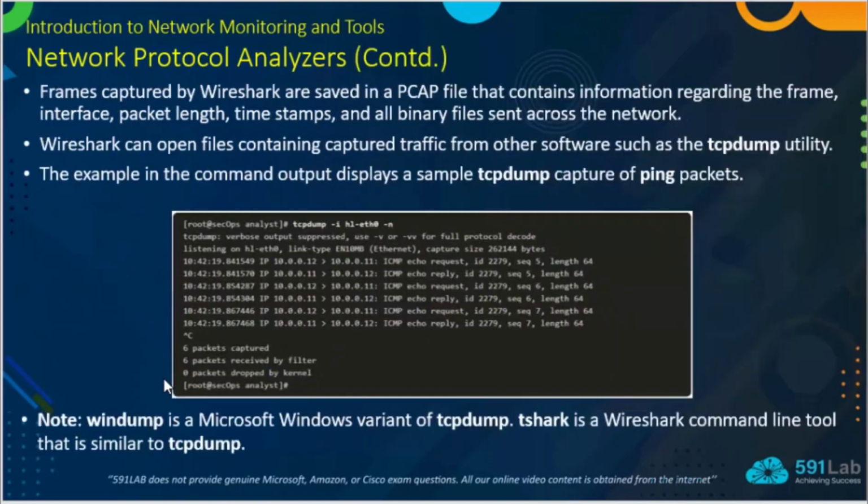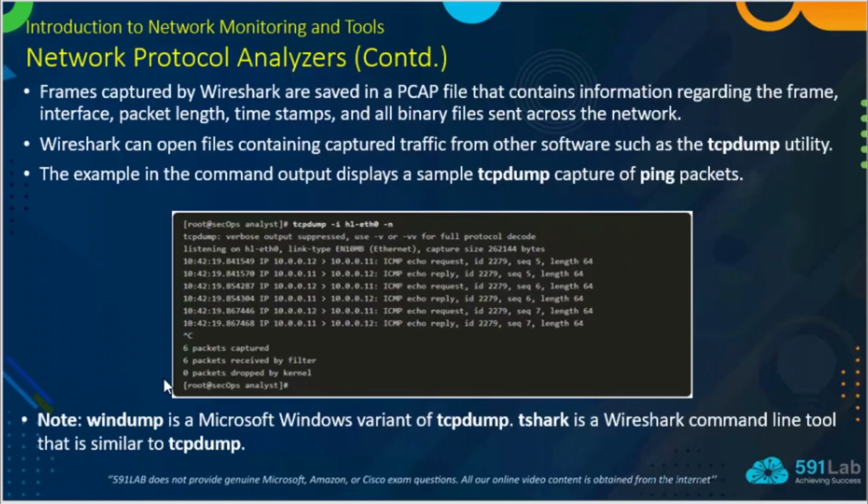So a frame captured by Wireshark is saved in PCAP files that contain information regarding the frame, the interface, the packet length, the timestamps, and all the binary data sent across the network.